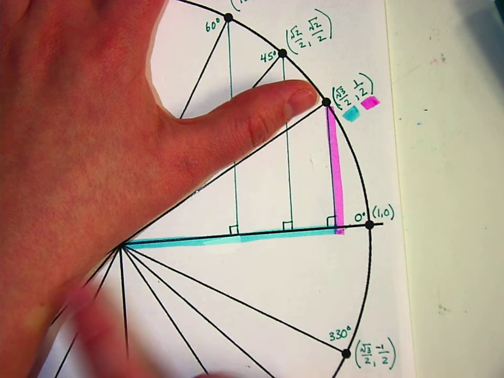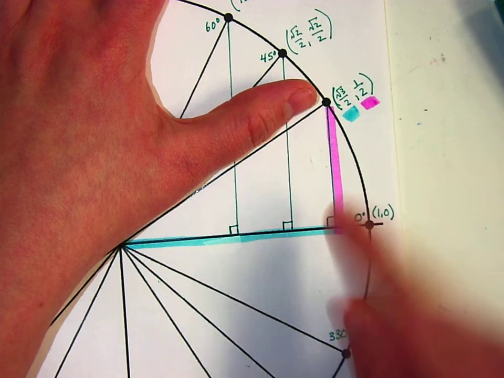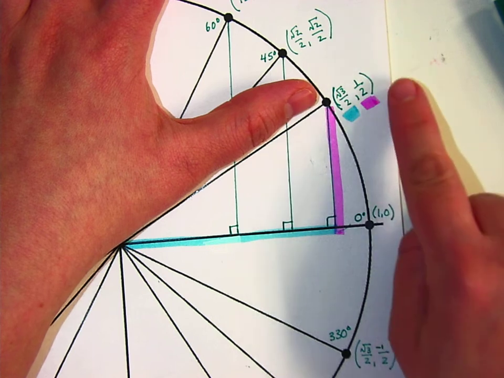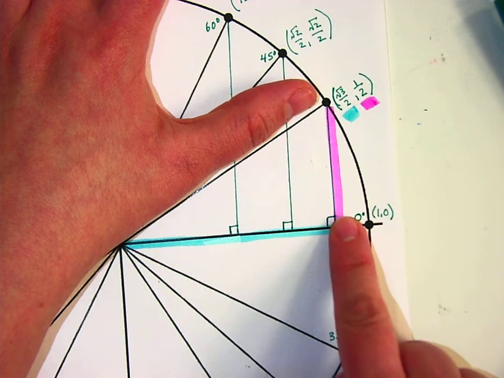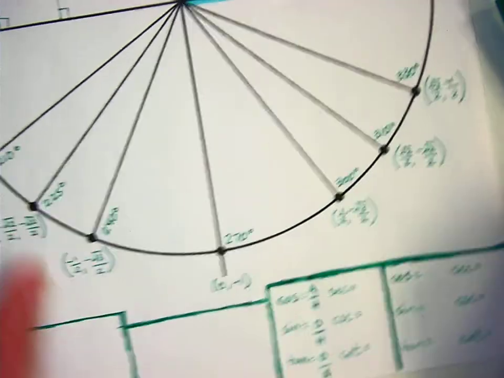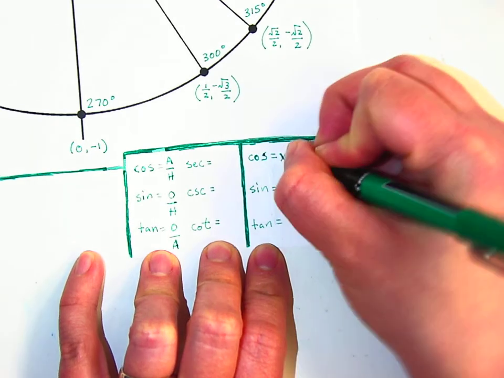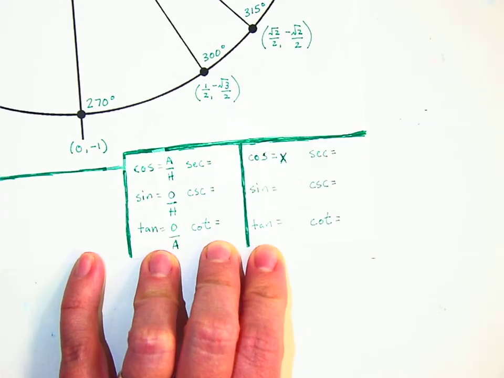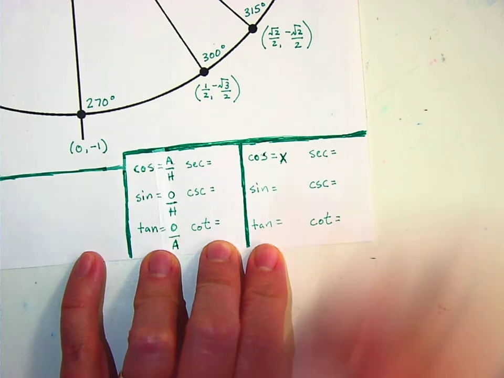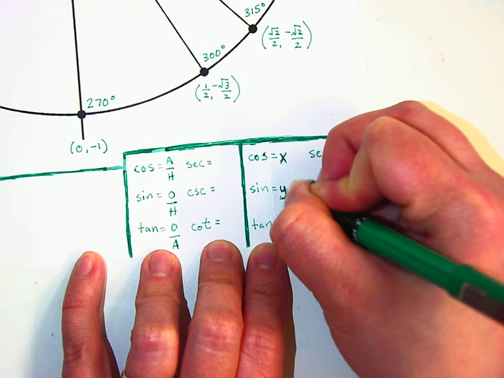So essentially, the cosine is this x distance, and the sine is this y distance because that is O over H, which is opposite, that's 1/2, divided by the hypotenuse, which is 1. So down here, I'm going to write that the cosine is the x on every single point. And the sine is the y on every single point.